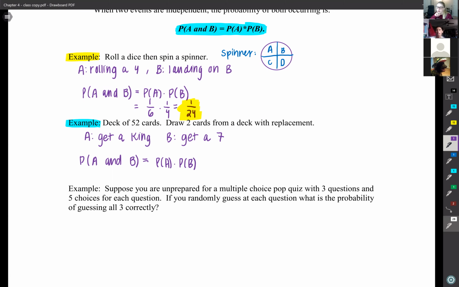So in a deck, there are 4 kings. So this is equal to 4 over 52. All right, and then my next event, B, is getting a 7. There are also 4 sevens in the deck, so my chance of drawing a 7 is 4 over 52. And all I do is multiply these, and that's equal to 1 over 169.